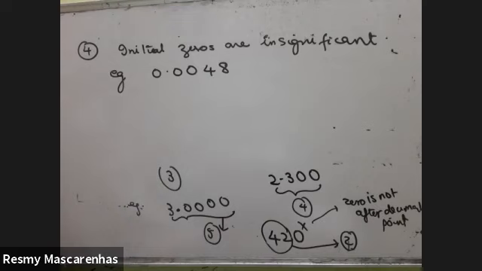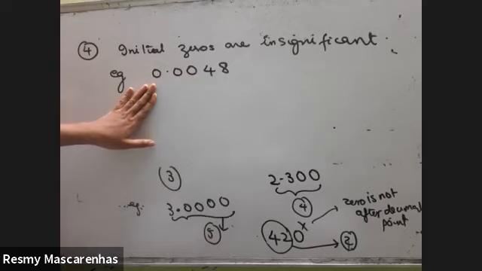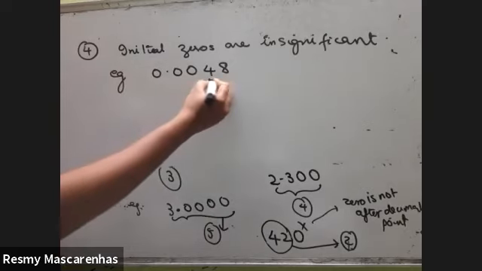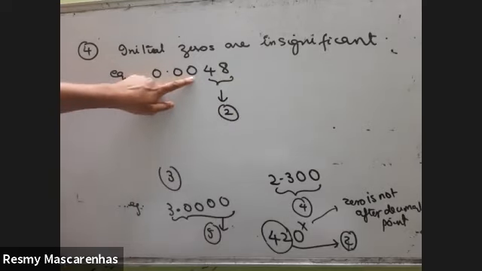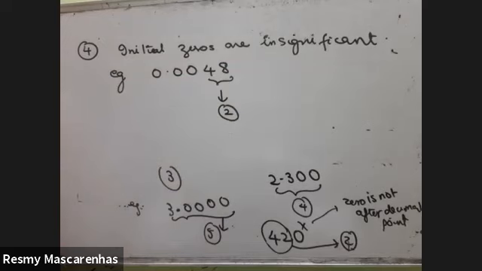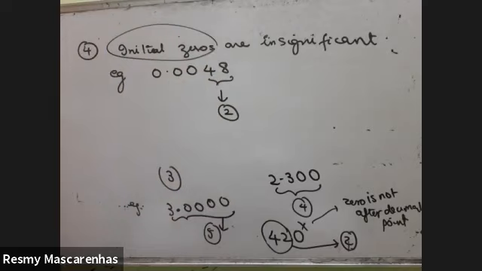Over here, initial zeros are all insignificant. So only these two. Even though they are after the decimal point, they are not towards the end. So initial zeros, whichever are there, which are not towards the end, are to be considered insignificant. Initial means in front, first. Any doubt in this? You can ask her.